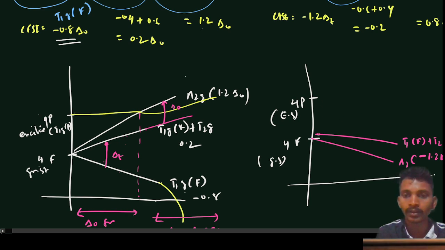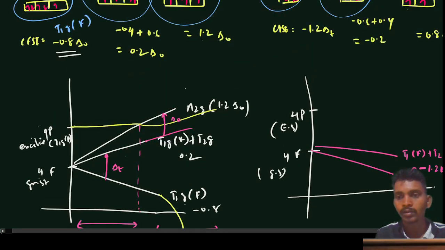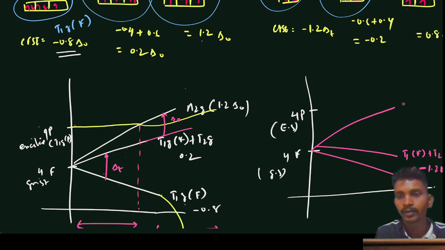Okay, and now A2 and T2, and next is 0.8, that will give T1. This is T1 F, this T1 F is 0.8 delta T.